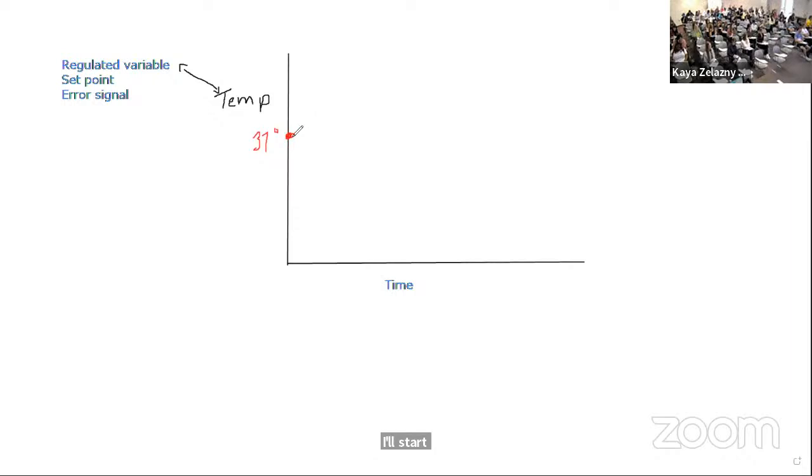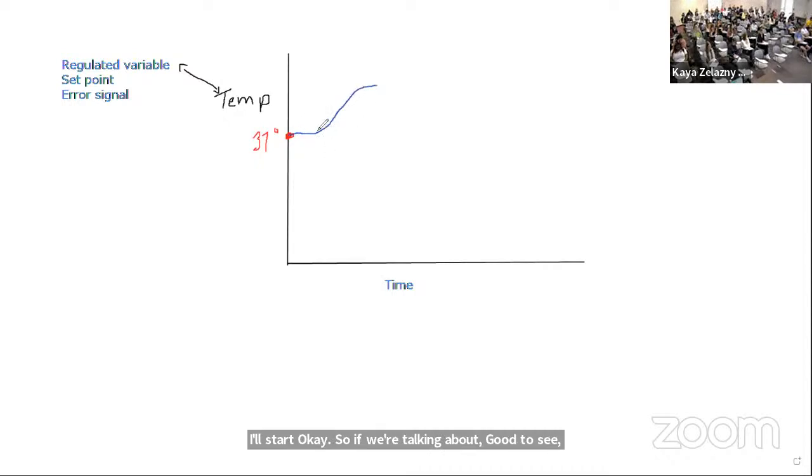If we're talking about heat exhaustion, you'd see heat beginning to rise. When we have a difference from our set point, that's what we call our error signal. It's just that difference. So that's the error signal. Just write ES.